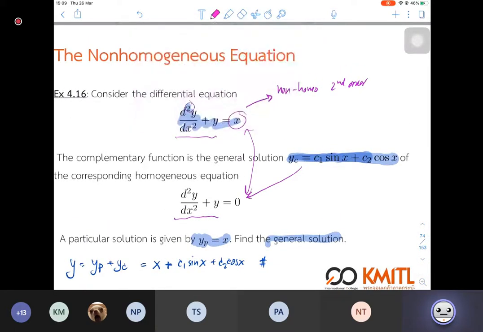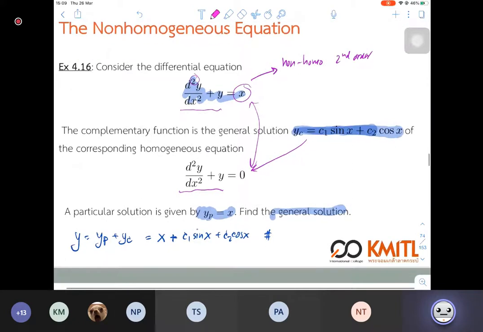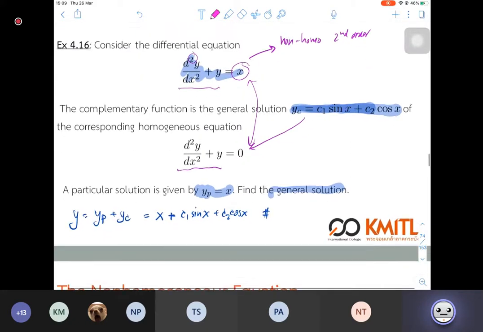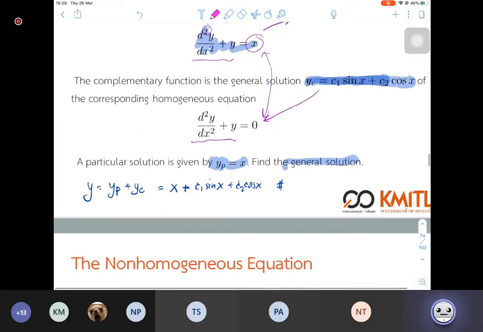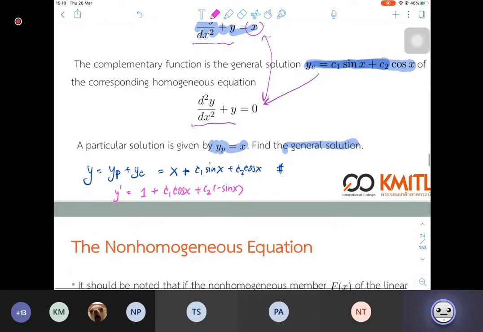Let's do that. Here, if we want to prove that this is a solution, we're going to need to find the second derivative. So let's take the first derivative. This is going to be 1 plus c1 cosine of x plus c2 times minus sine of x.